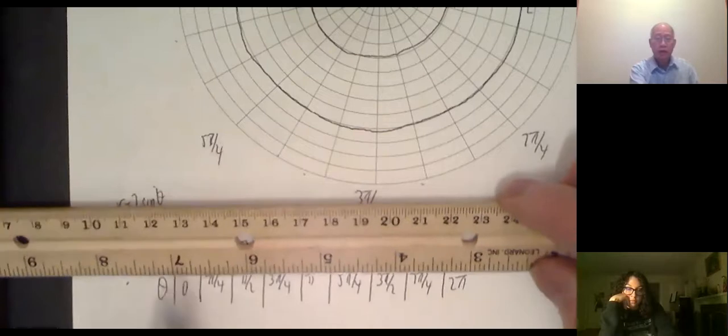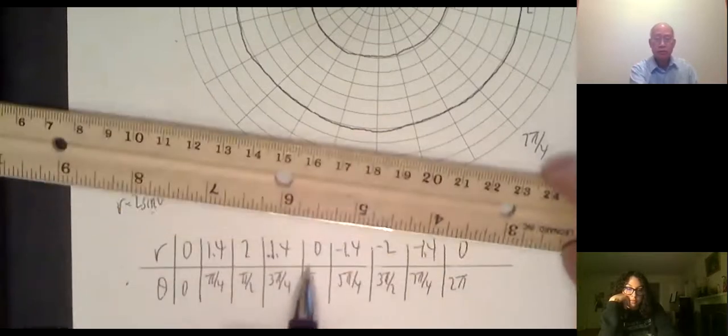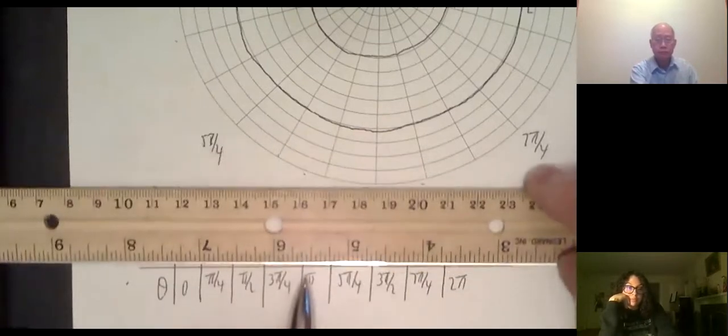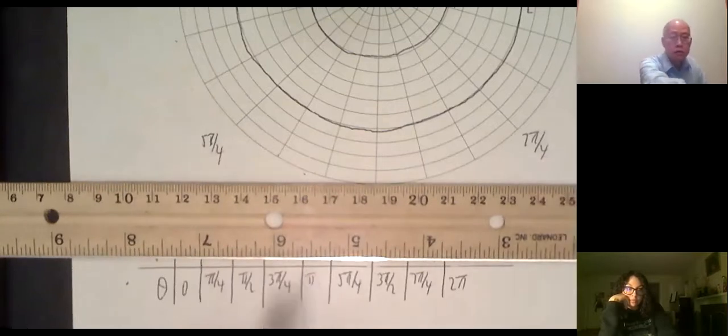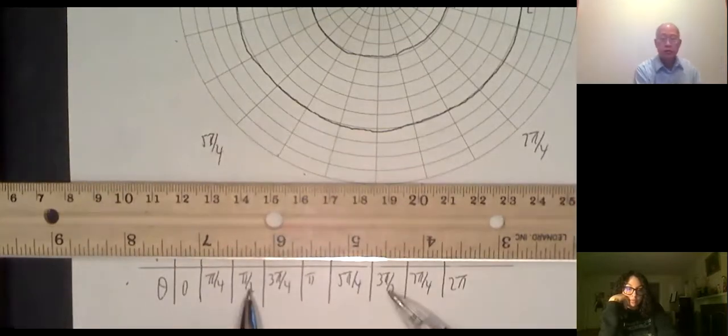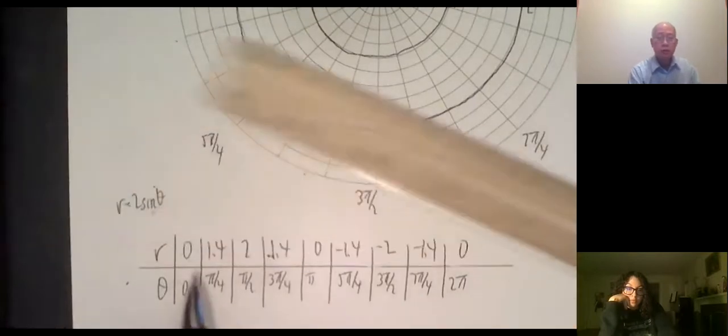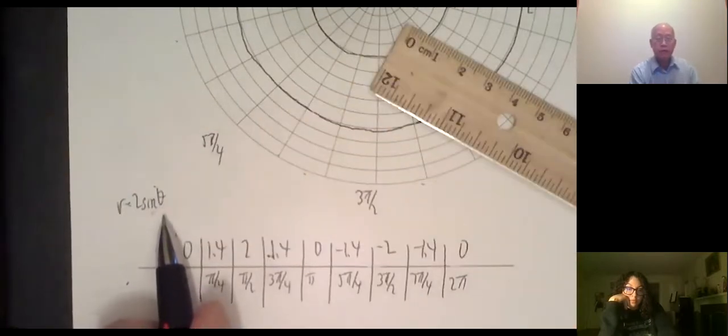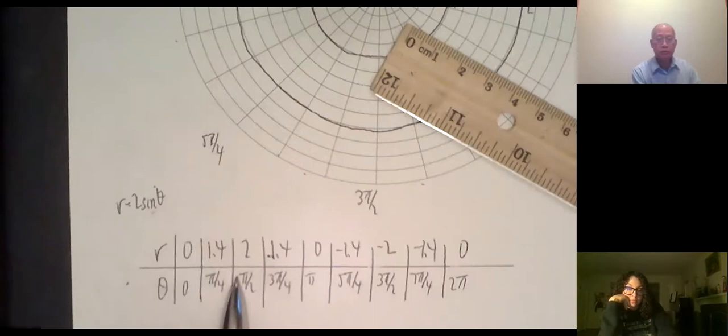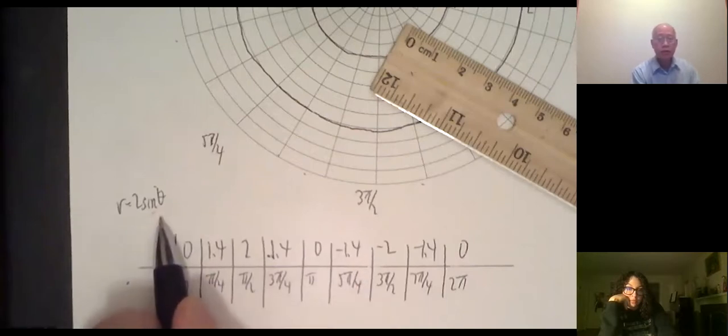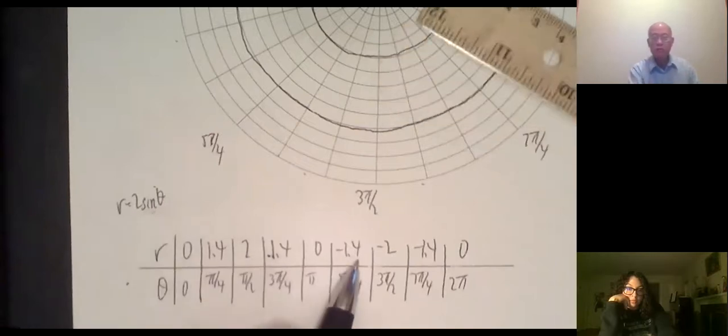Cut it in half, you get pi. Sine of pi is also 0. So that's 0. Cut those in half. Pi over 2, 3 pi over 2. Okay. Sine of pi over 2, sine of 90 degrees is 1. 1 times 2 is 2. Sine of 3 pi over 2 is negative 1. Negative 1 times 2 is negative 2.